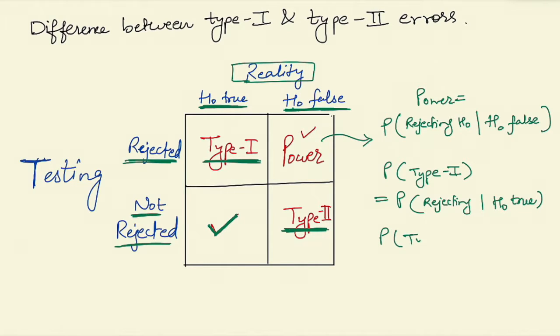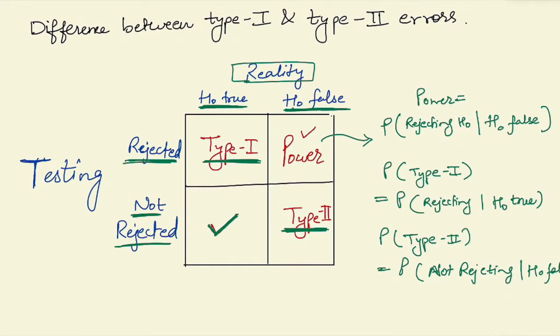The probability of type 2 error is the probability of not rejecting when h0 is false, and power is the probability of rejecting when h0 is false.